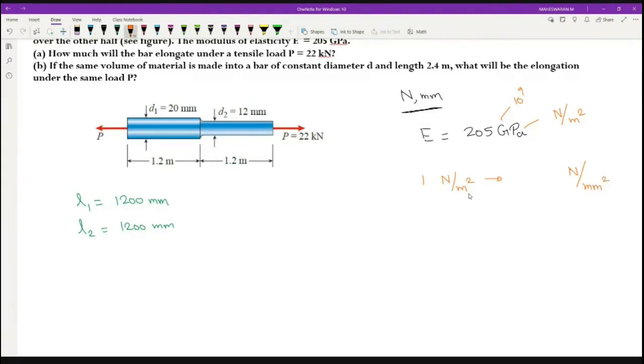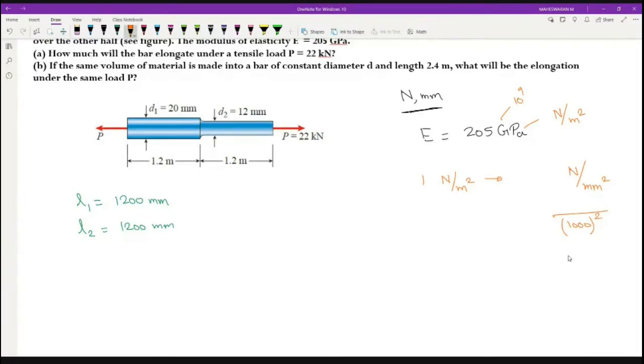Your meter is in the denominator, right? If I convert your meter to millimeter, I will be multiplying with 1000 in the denominator, but it is 1000 square.